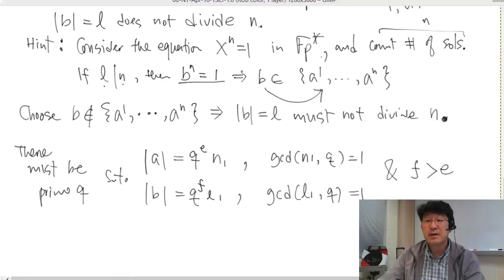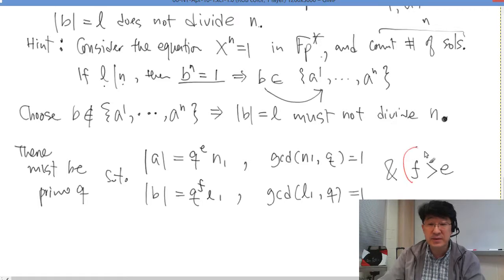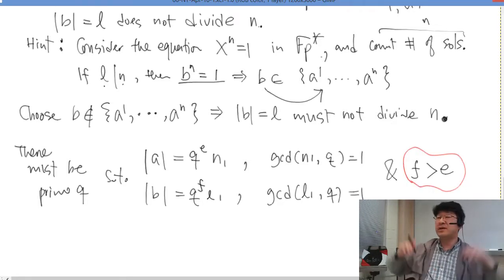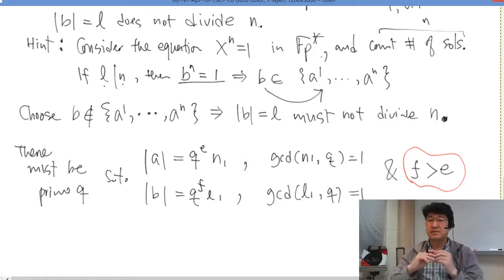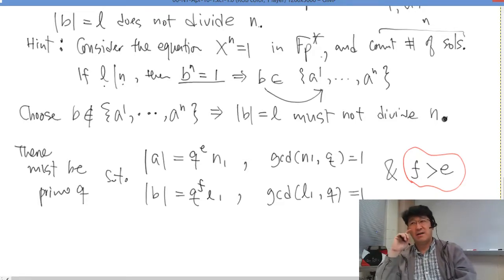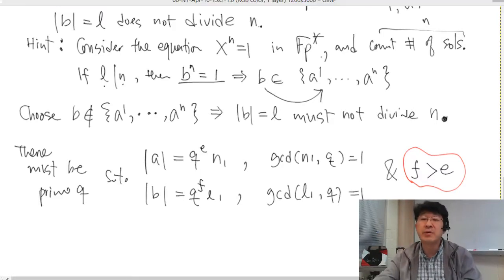I want you to understand this last bit. Can someone explain why that has to be true? f is greater than e? It has to do with that statement.